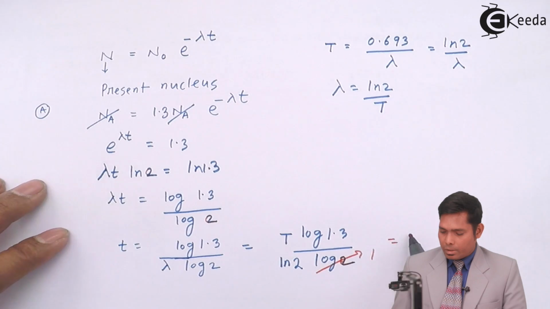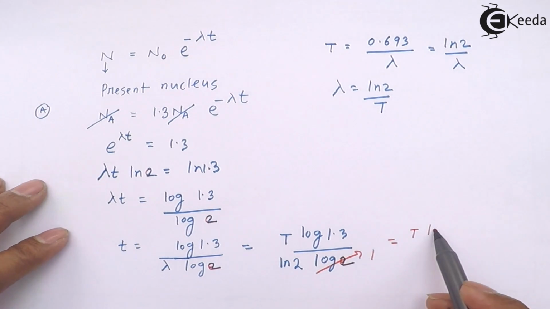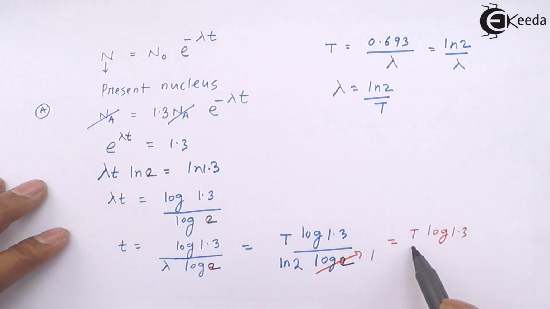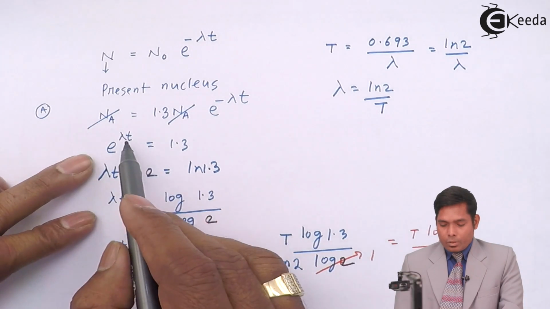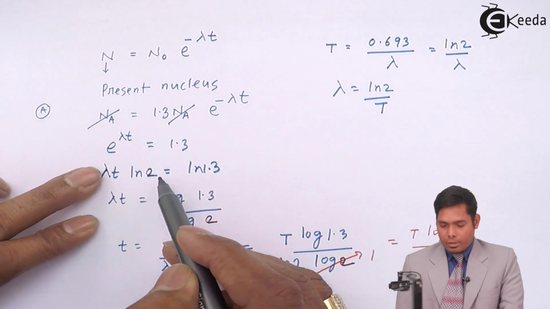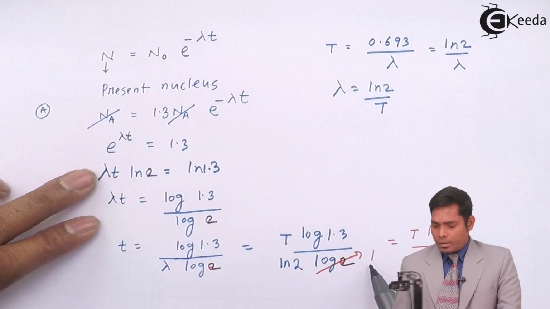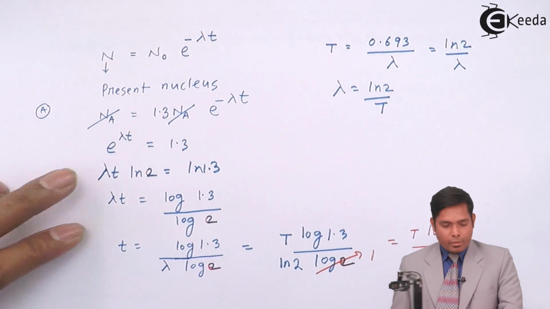So the answer is t equals T log of 1.3 divided by log of 2. By taking logarithm on both sides, this is lambda t log of e, not 2, and that is 1. I should have kept it 1 earlier, but it's okay, log e is 1. This is the final result.